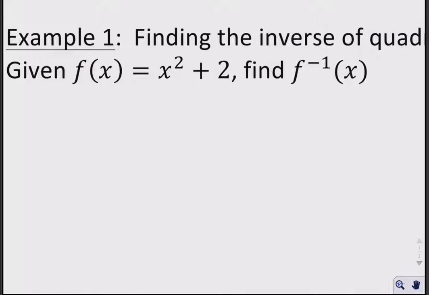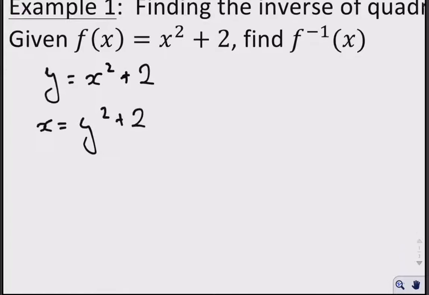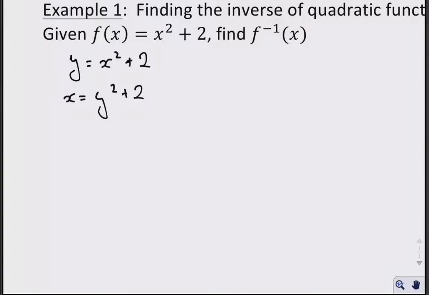So we begin here, rewrite the equation in terms of y, interchange the x and the y, and solve for y. So we get x minus 2, and then we take the square root of that and get y equals plus or minus the square root of x minus 2.